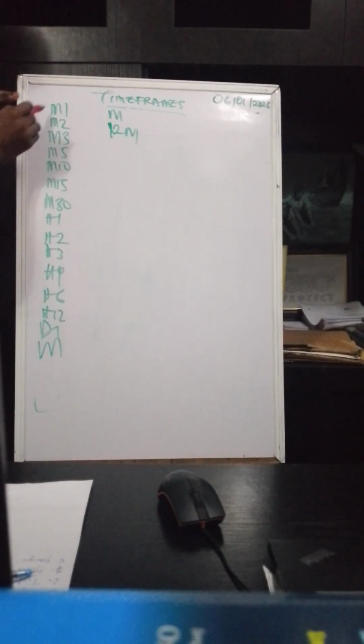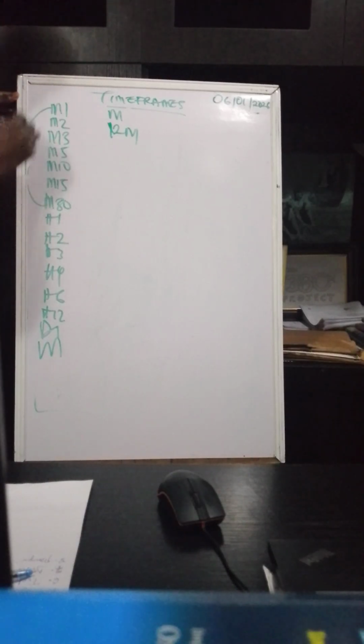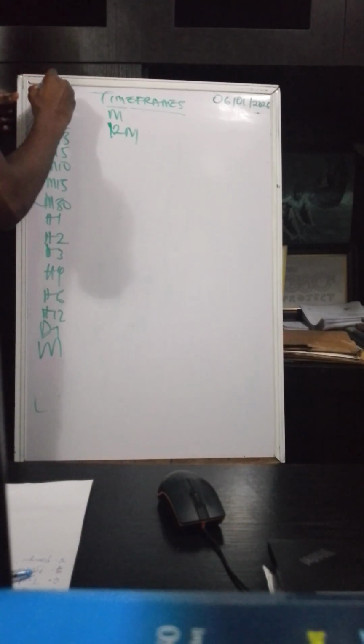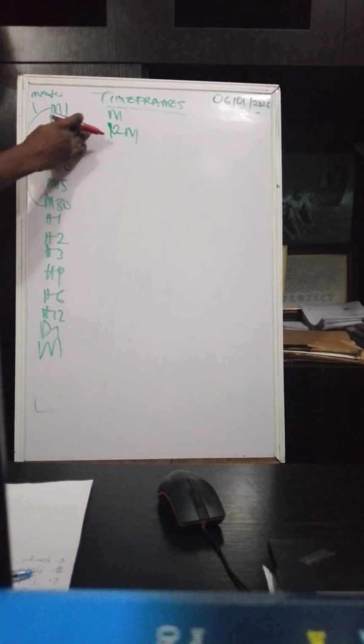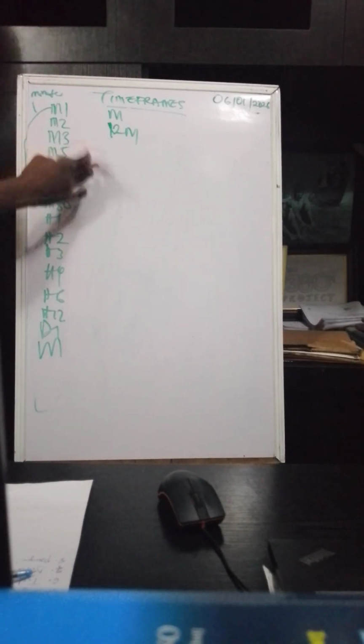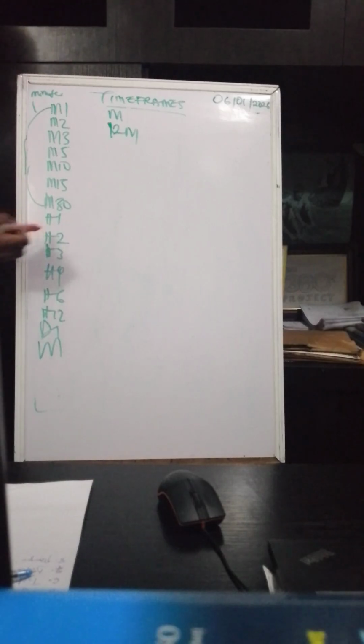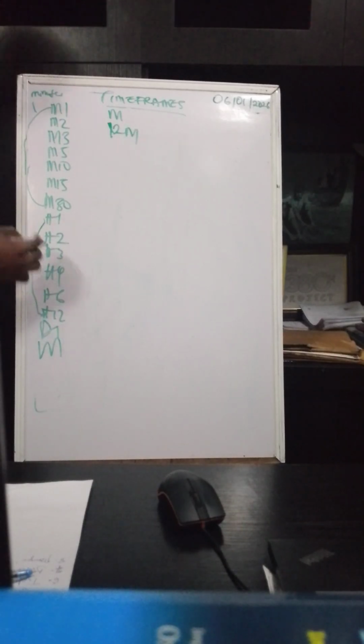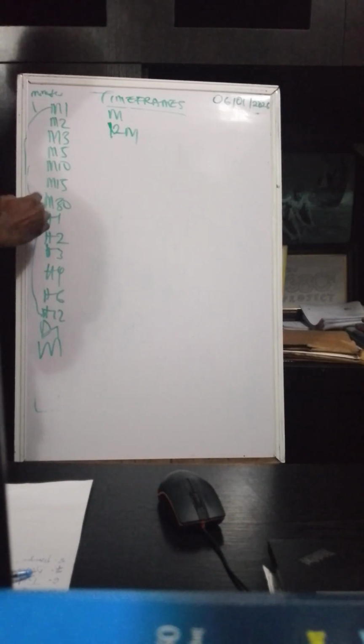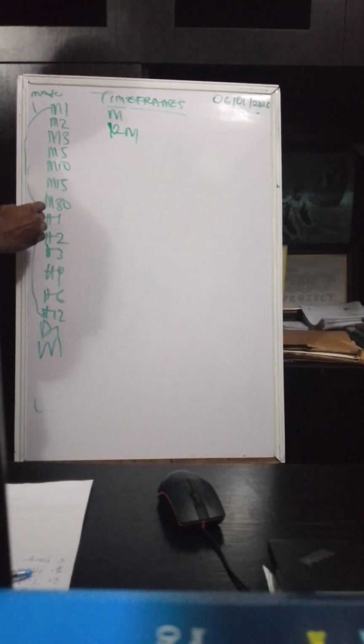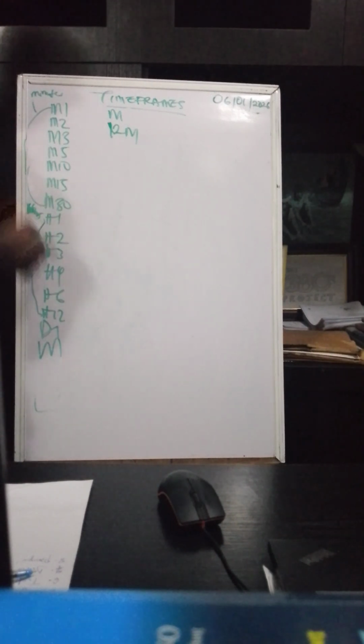What do these M's mean? All these M's mean minutes. So whatever you see after it is 1 minute, 2 minutes, 3 minutes, 5 minutes, 10 minutes, 15 minutes, 30 minutes. H is hours. So whenever you see H, you see 1 hour, 2 hours, 3 hours, 4 hours, 6 hours, 12 hours.